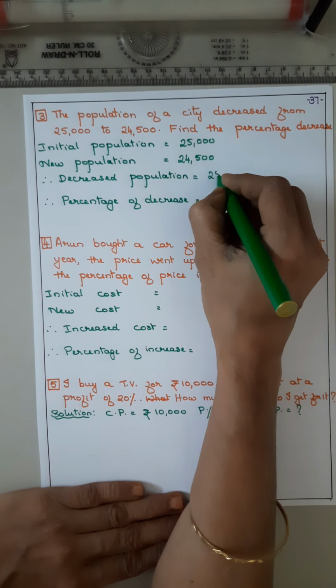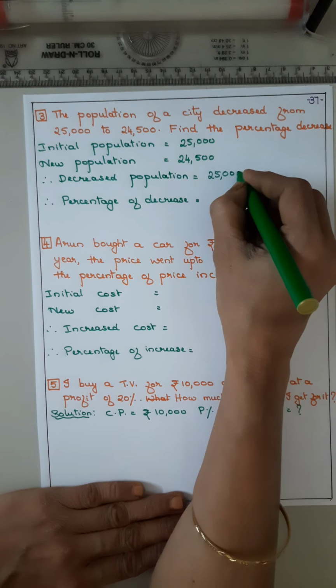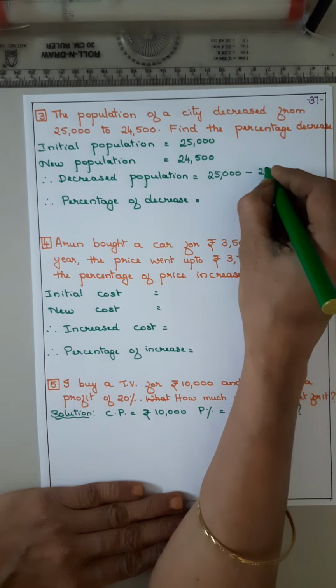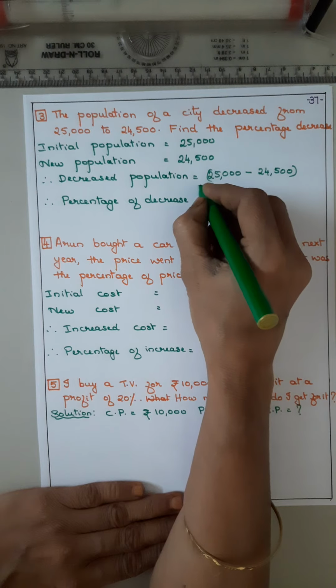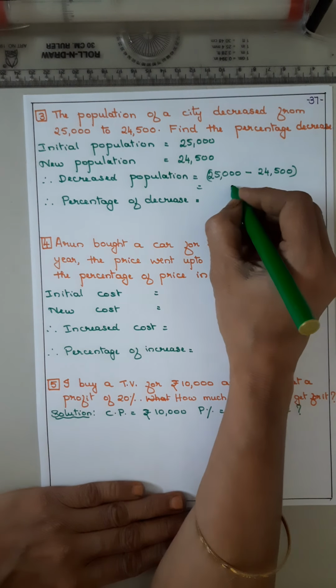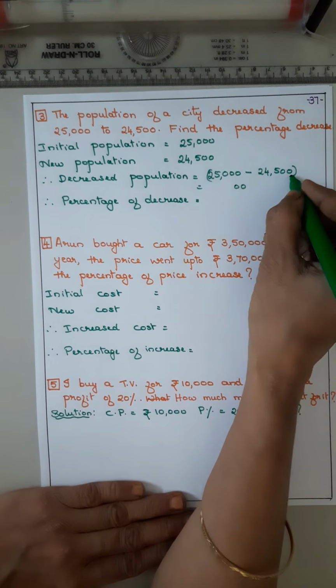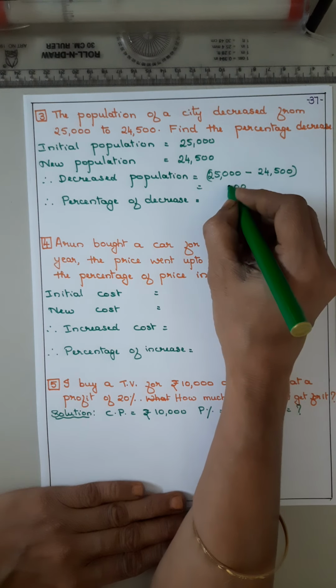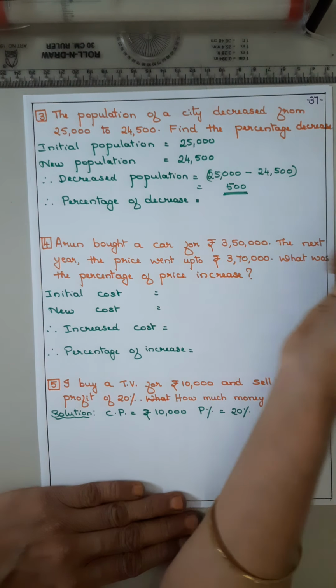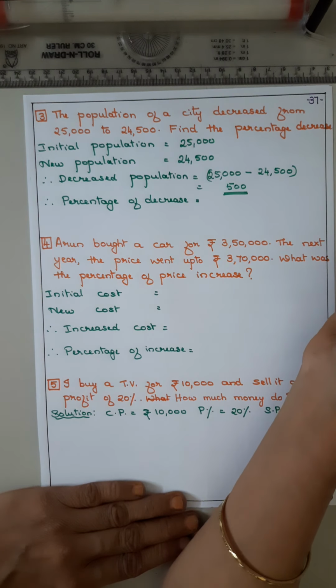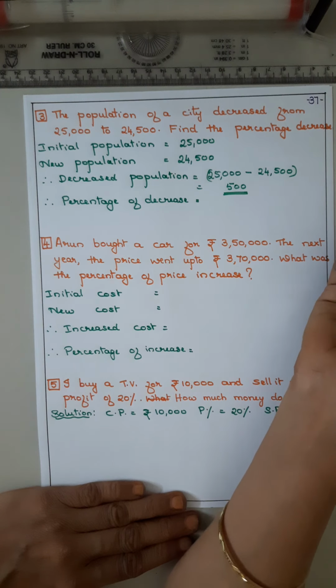How? The initial one minus the new one. How much will you be getting? It is 2 zeros. Now 0 minus 5 means 10 minus 5 is 5. Okay. Now 4 minus 4 is 0. So you got the difference is 500. Now percentage of decrease.